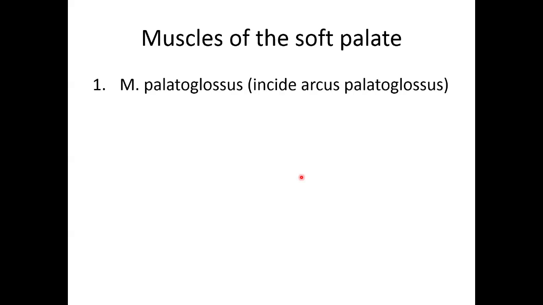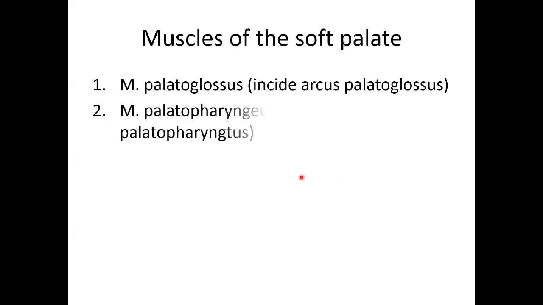First of all, musculus palatoglossus. It is localized inside of arcus palatoglossus. So, in our specimen we can find arcus palatoglossus, but not musculus palatoglossus. But we should understand that muscle, musculus palatoglossus, is localized inside of arcus palatoglossus.